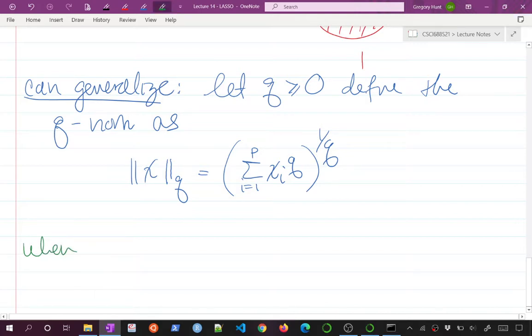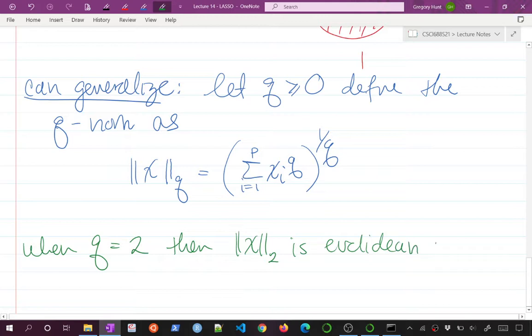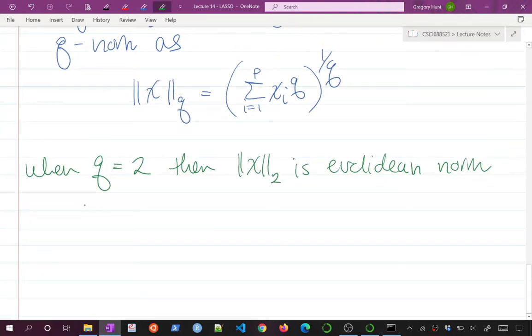So when here we have q is equal to 2, then we could say x sub 2, which you've seen me accidentally write sometimes, is the Euclidean norm. So this q norm includes our favorite Euclidean norm. But we could look at other values of q.